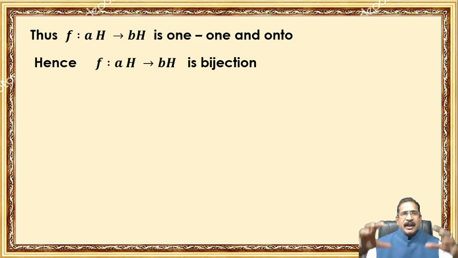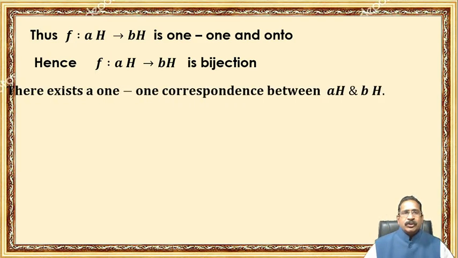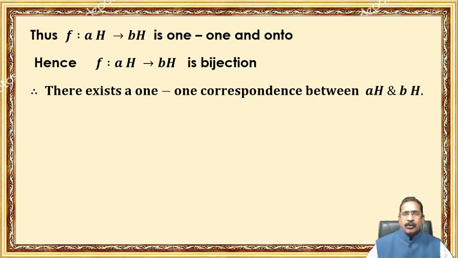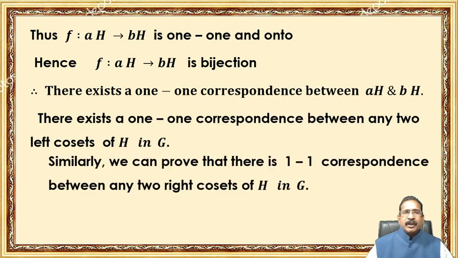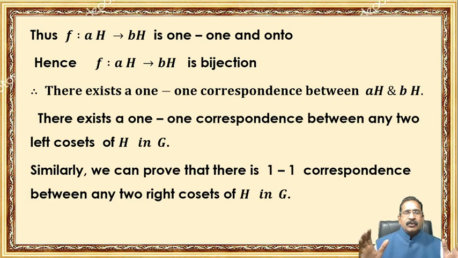It is just a bijection between these two. Therefore, we already proved aH to bH is a bijection, so there is a one-to-one correspondence between aH and bH. In a similar way, we can prove the one-to-one correspondence between any two right cosets of H in G.